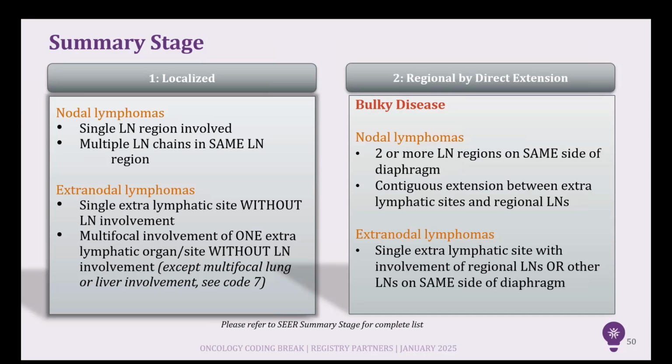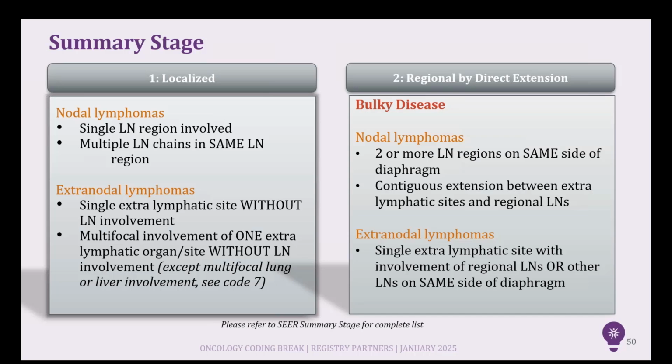Also, extranodal lymphomas involving a single site and lymph nodes on the same side of the diaphragm. So not all scenarios are listed here, so be sure to refer to the summary stage manual for a complete list. But notice we're on the same side of the diaphragm.